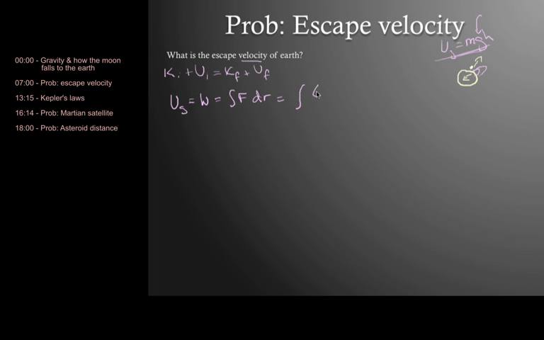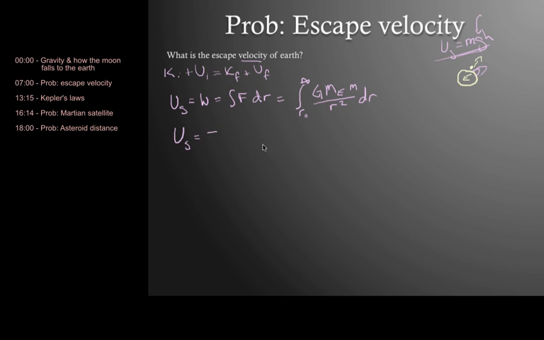This force is Newton's gravitational law, so mass of the Earth times mass of the object, right? All over r squared. And now we're integrating it with dr. And we start near the Earth's surface, and then we go very far away. If you want to escape the Earth's gravity, you need to get infinitely far away. So let's solve this out, this integral.